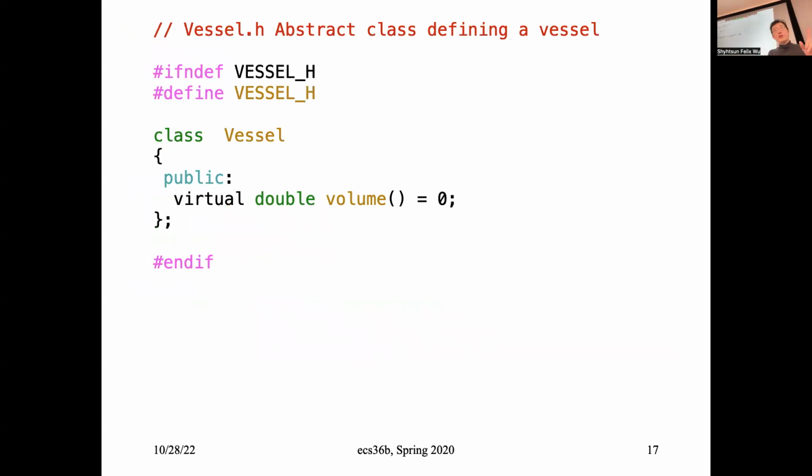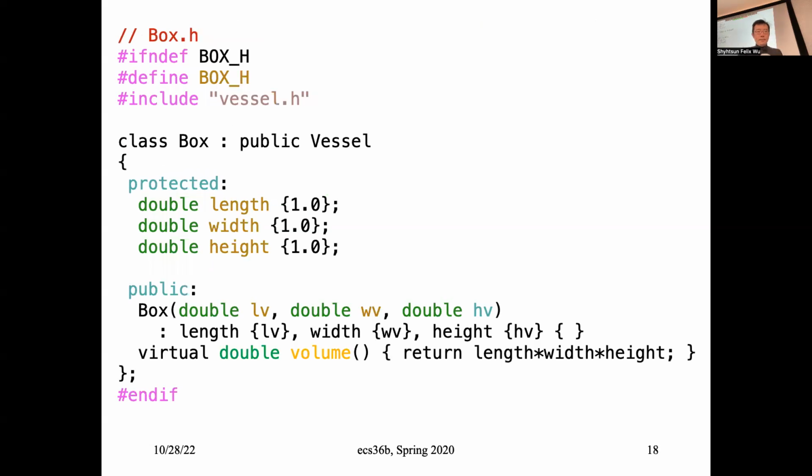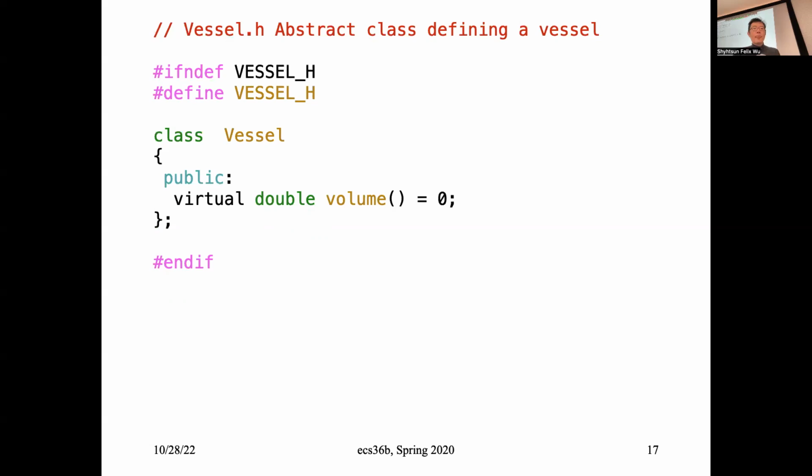So first, I want you to know the syntax difference. To say this is a pure virtual function, you see equal to 0 at the end of the function declaration; the other one doesn't have that. Okay, so now I want to tell you the difference between a real virtual function and a pure virtual function.